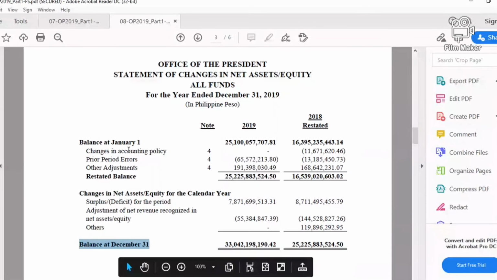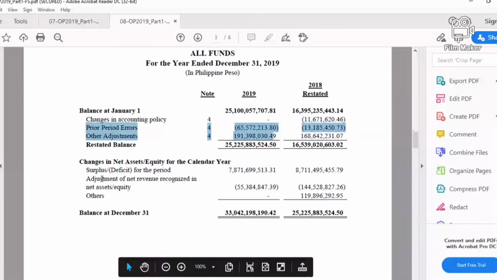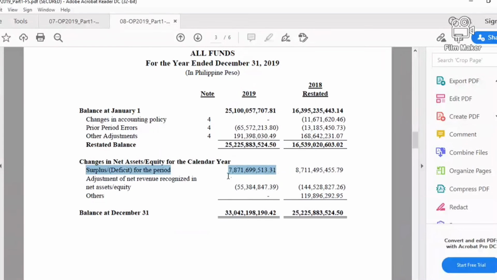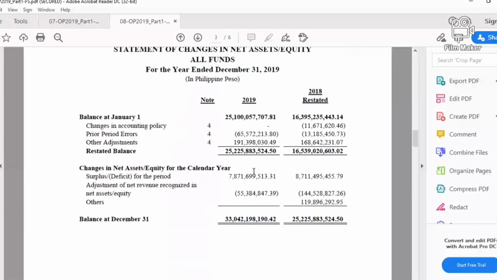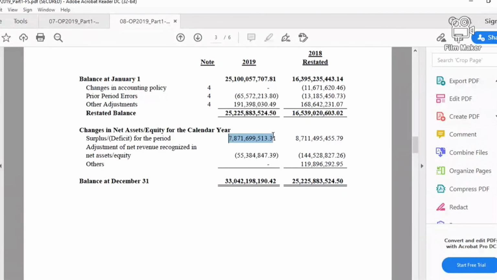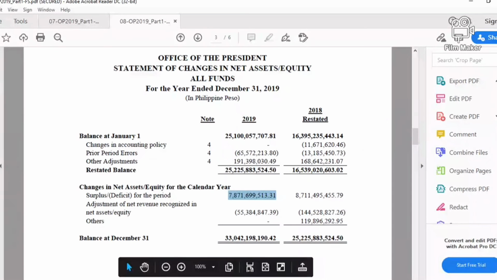So ito po yung mga income and revenue directly na tina-charge sa equity. So, ito po yung sinasabi ko na dapat ma-cross-refer mo siya. So, tingnan natin. 7,871,000,000. So, dapat parehas. Nakita? Okay. So, ito yung example ng statement of changes in net asset or equity.